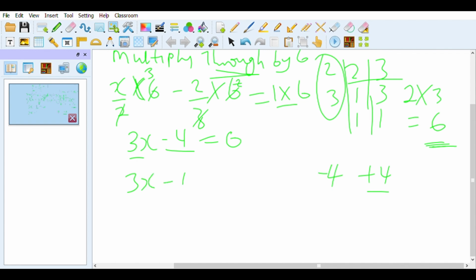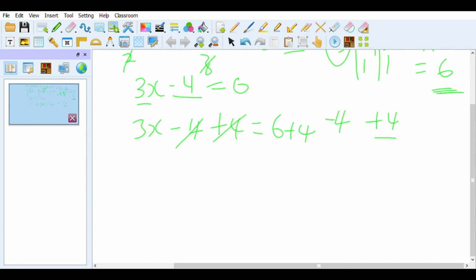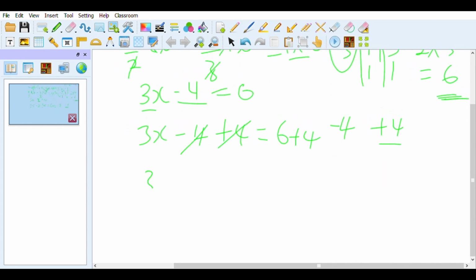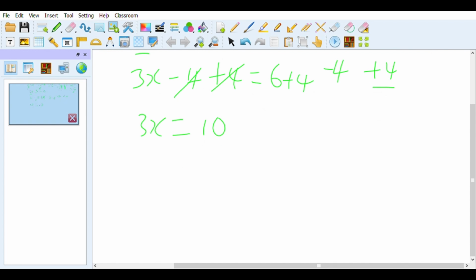3x minus 4, we add 4. Anything we do to the left hand side, we do to the right hand side. Minus 4 plus 4 will give you 0. So we're left with just 3x on the left hand side is equal to 6 plus 4 is 10. Okay, what do we do here? Do you remember?